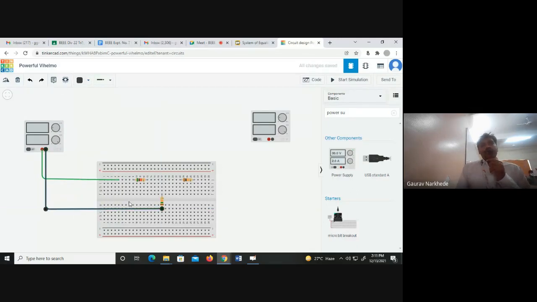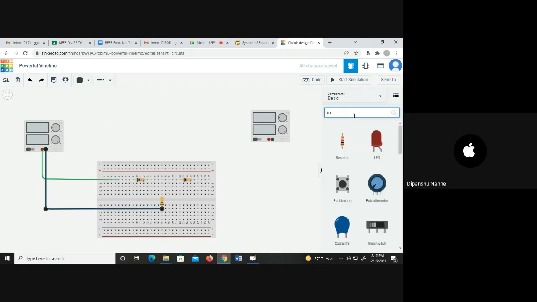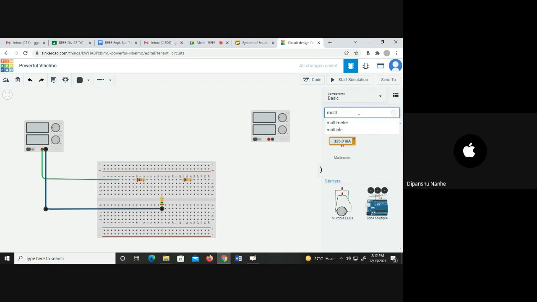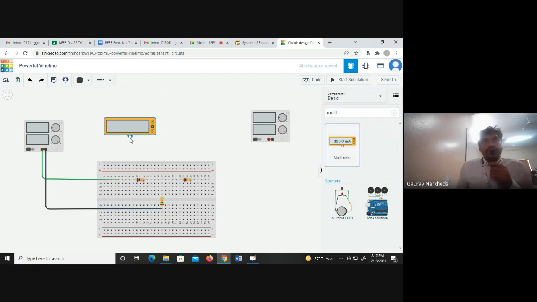Now, if I want to measure I1, what will I do? I need an ammeter, a multimeter. So I will take a multimeter and put it here. From this wire will go here, and from this wire will go here.